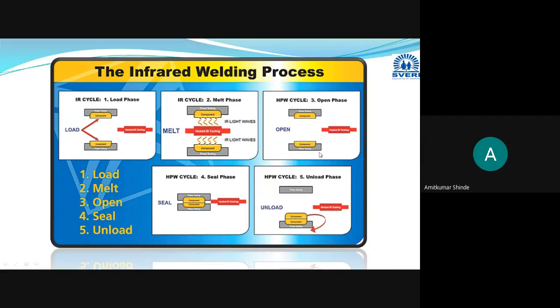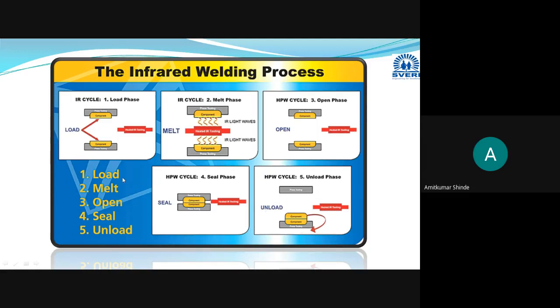Then the last phase is termed unloading. In this unloading phase, we remove the upper fixture, and from the lower fixture the joined plastic component is obtained. This is your joined plastic component. This is the final phase, termed unloading. In the infrared welding process, 5 steps will be there: loading, melting, opening, sealing, and unloading.